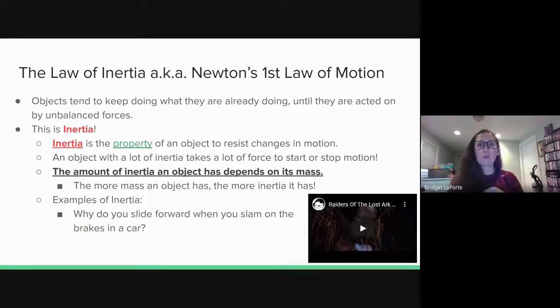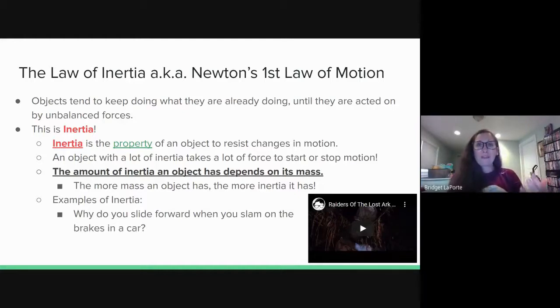Think about forces applied. When the person driving hits the brakes, the brakes are applied to the car. Are the brakes applied to you? Not so much. So the brakes are slowing the car down, but you are in the car that was moving at, let's say, 45 miles an hour.